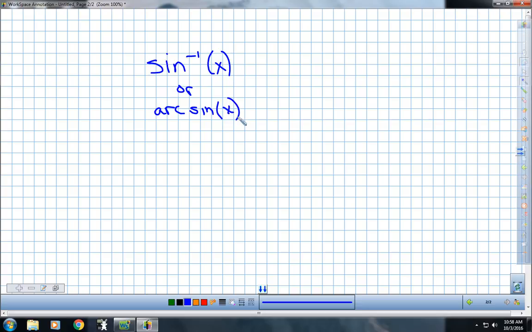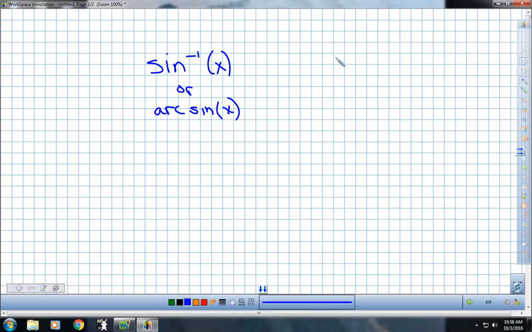So let's write this down. The inverse sine of an angle, or the arc sine, okay? The angle is limited. Its domain, or excuse me, it is limited.